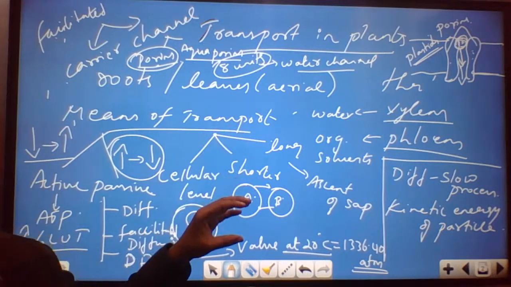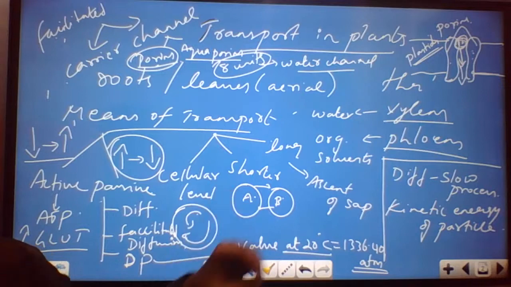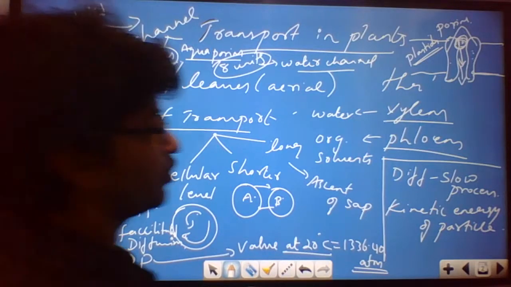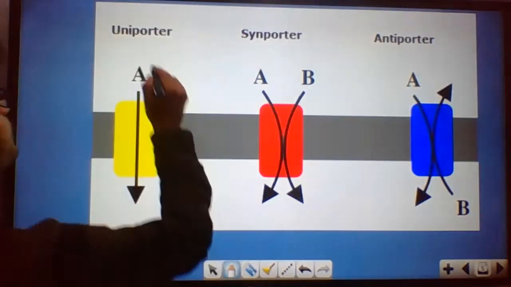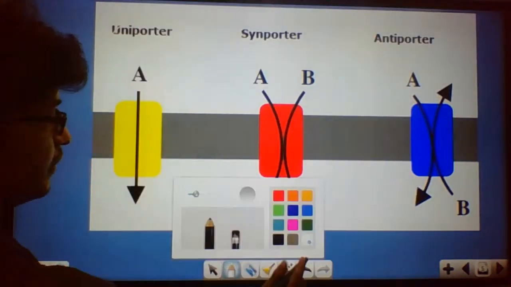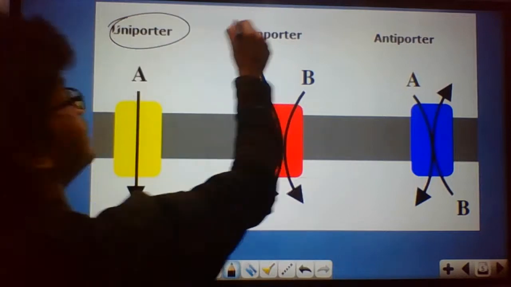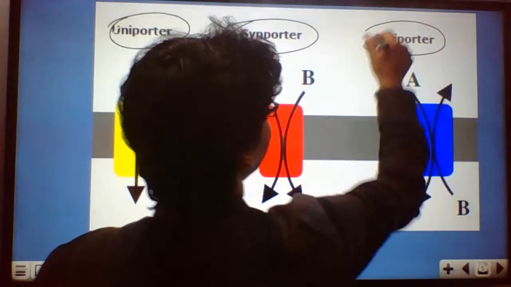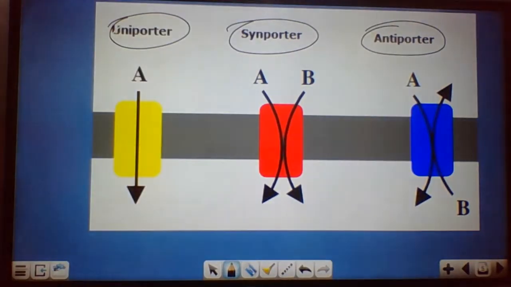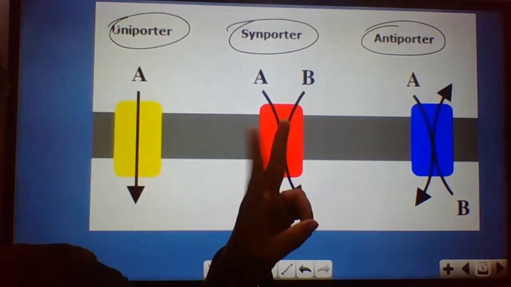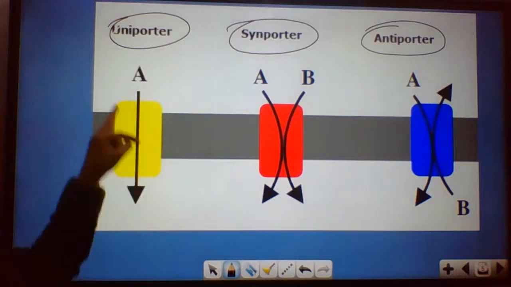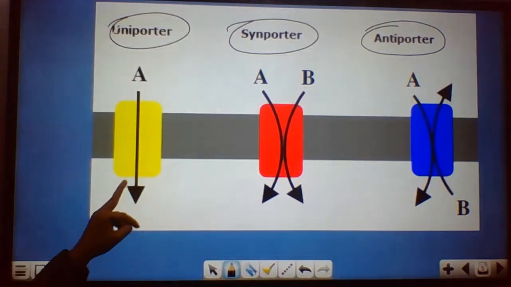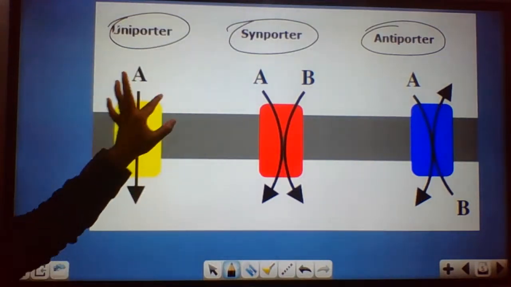The next part is about the types of transport. You would have studied uniport, symport, and antiport. In uniport, only one molecule moves in one direction.